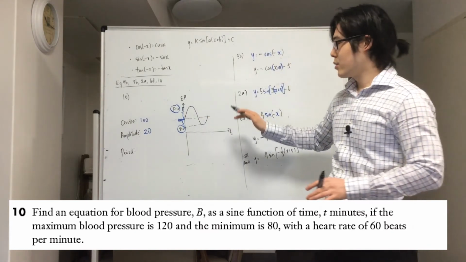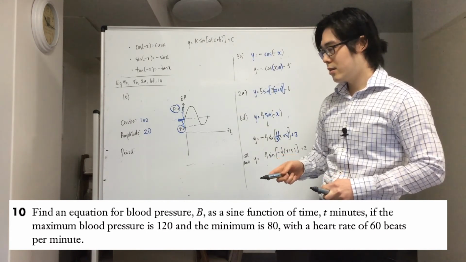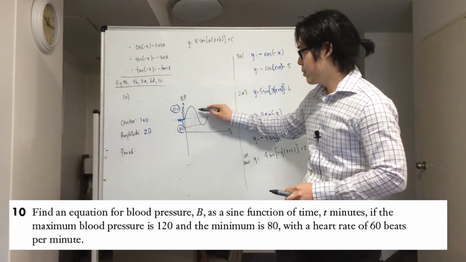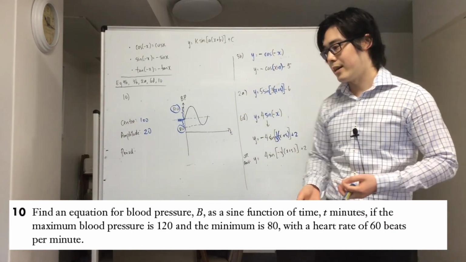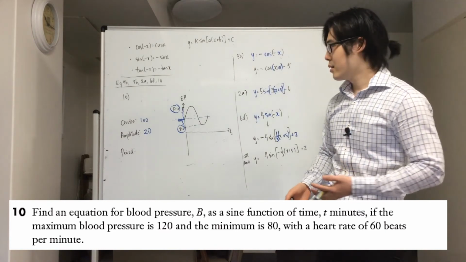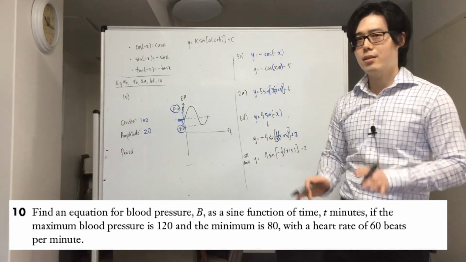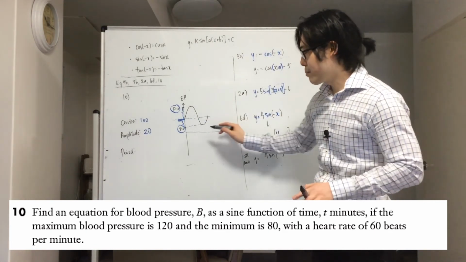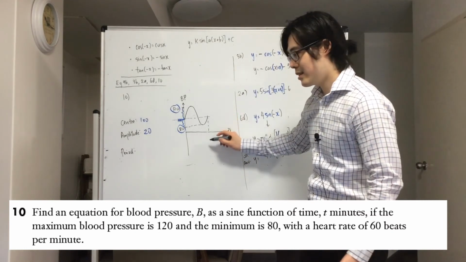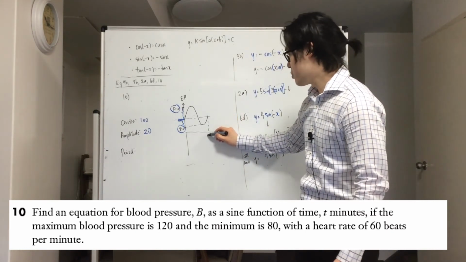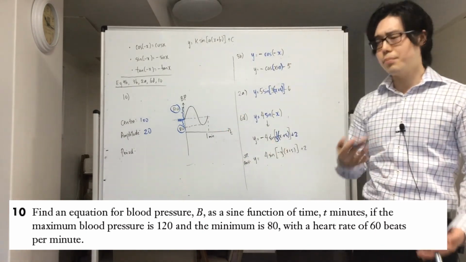So you need to understand that what they're saying by 60 beats per minute is that this is the graph of the blood pressure after the 60 beats. It doesn't mean 60 heartbeats, so like 60 graphs. That's not what it means, because that's what I thought. So this is the blood pressure after the 60 beats. And how long did it take to get those 60 beats? It says 1 minute.